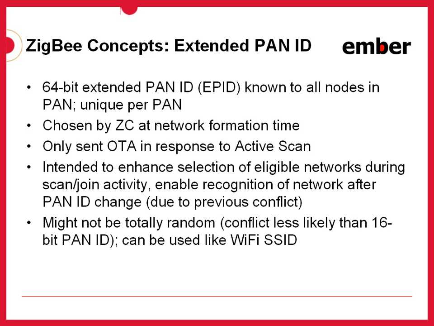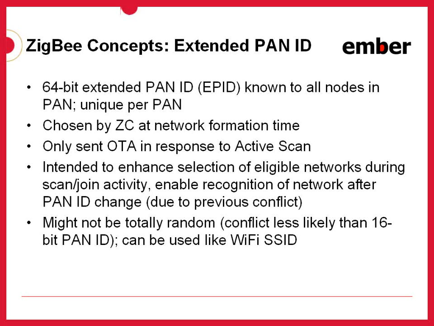For instance, when a PAN ID conflict occurs and you want to notify all of the devices in your network to move, the way that you distinguish your network from another network is those devices in your network all share the same extended PAN ID, which is unlikely to ever conflict because it's a 64-bit address space rather than a 16-bit address space. So the extended PAN ID is 64 bits.